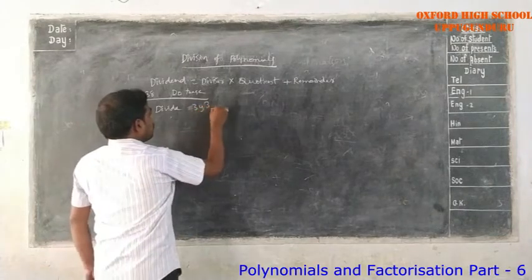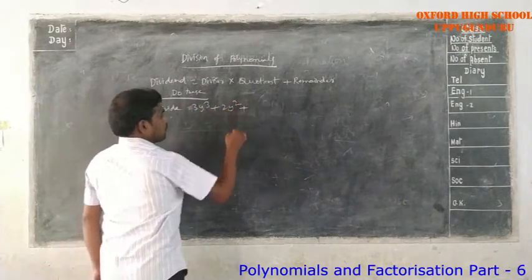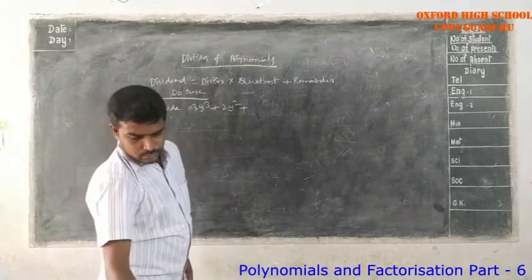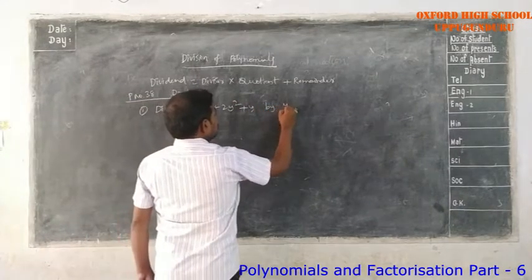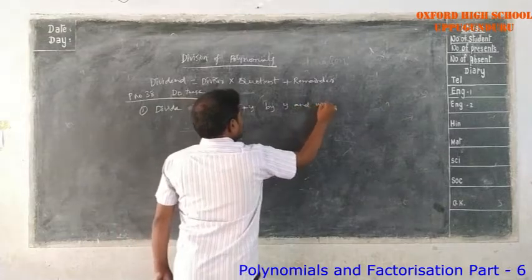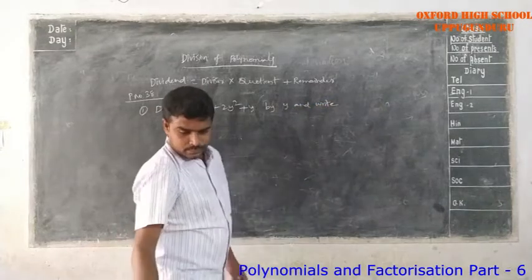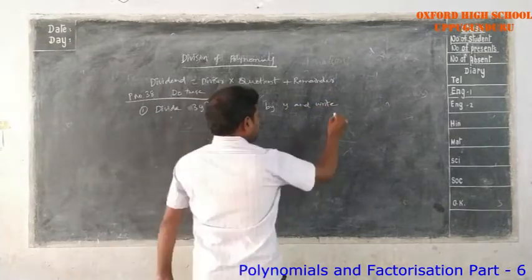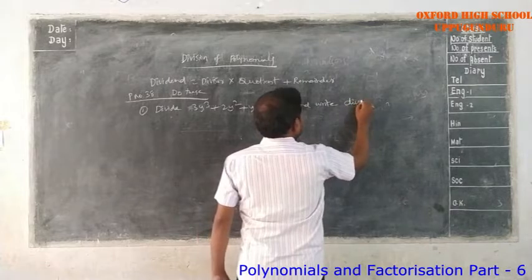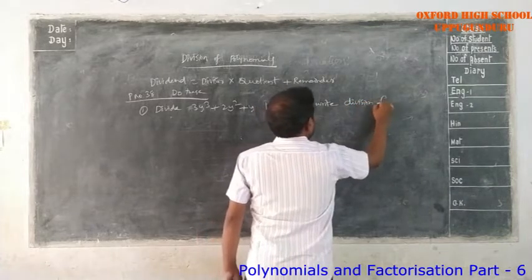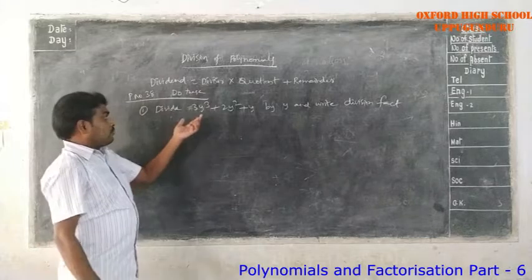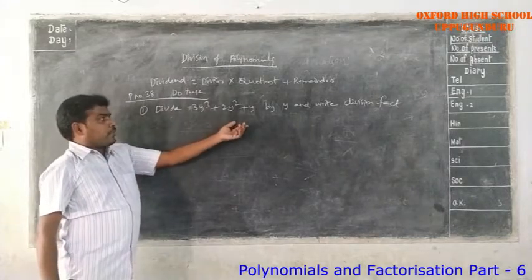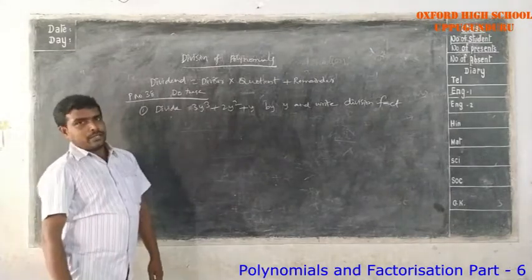Divide 3y cube plus 2y square plus y by y and write the division fact.